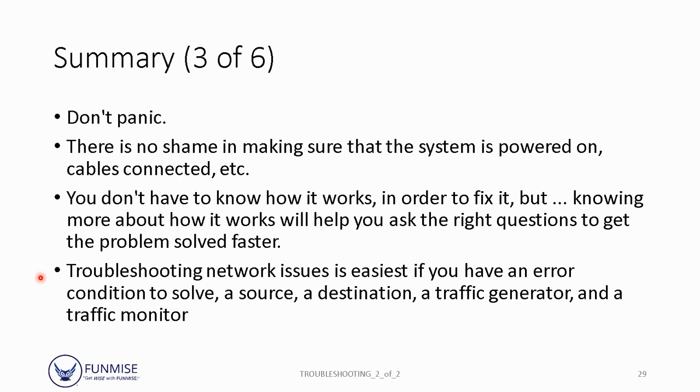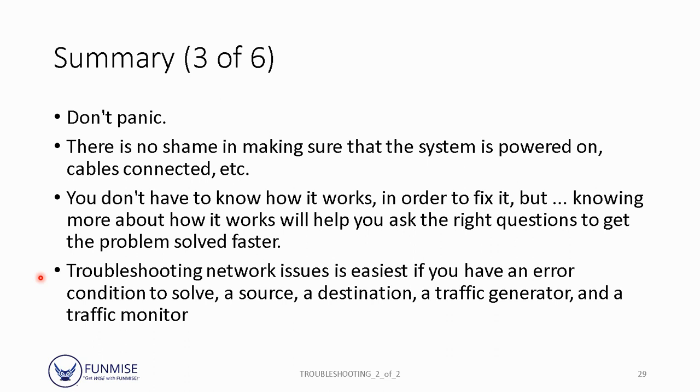Troubleshooting network issues is easiest if you have an error condition to solve, a source, a destination, a traffic generator, and a traffic monitor. You need an error condition you're trying to solve, obviously, because if there's not an error, then what are you even troubleshooting? There must be a problem.